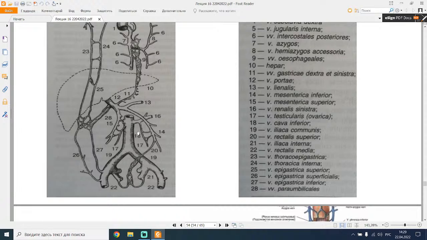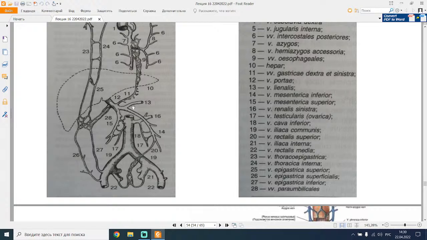What you see: vena rectalis superior, vena mesenterica inferior, portal vein, vena rectalis media and inferior, vena iliaca interna, vena iliaca communis, and vena cava inferior.